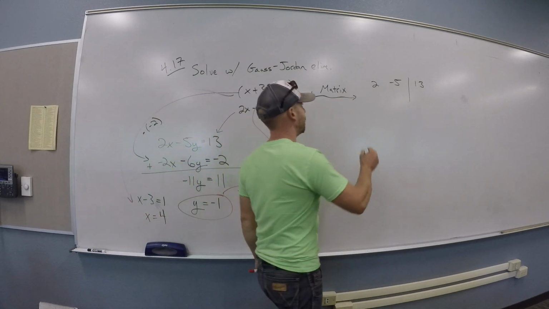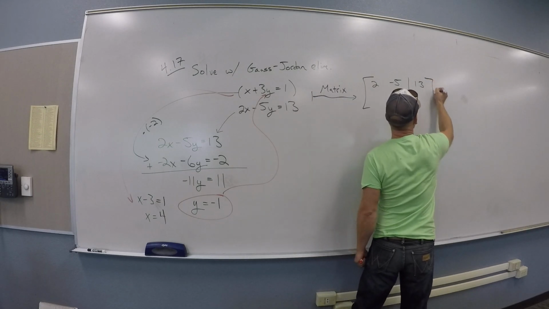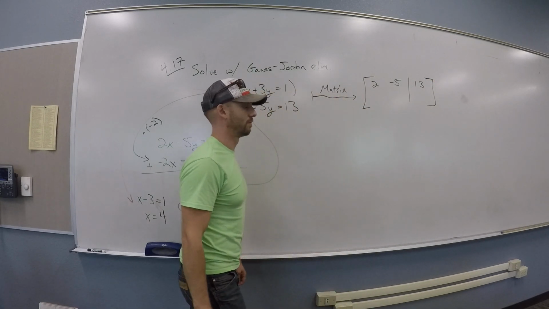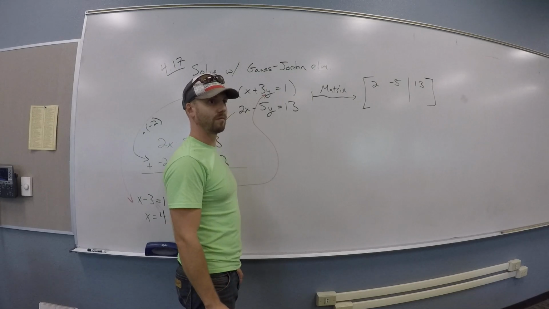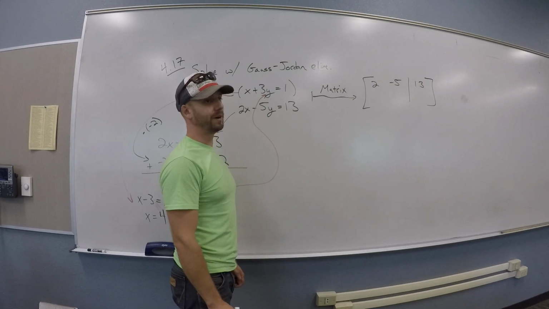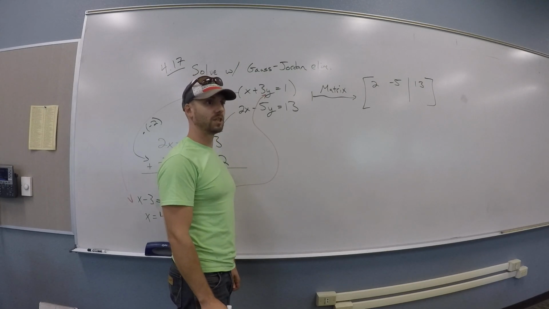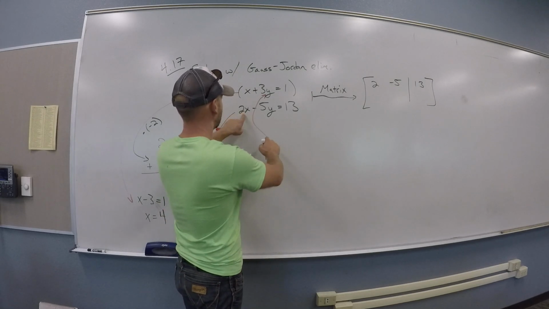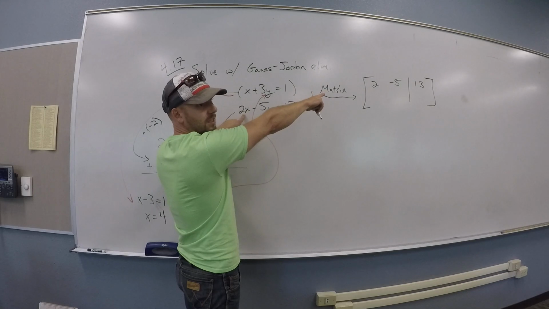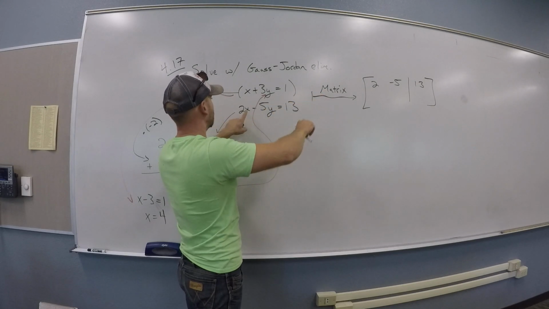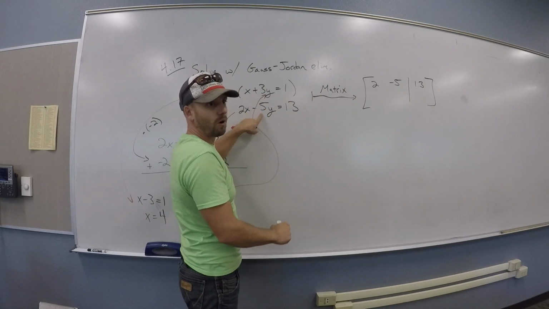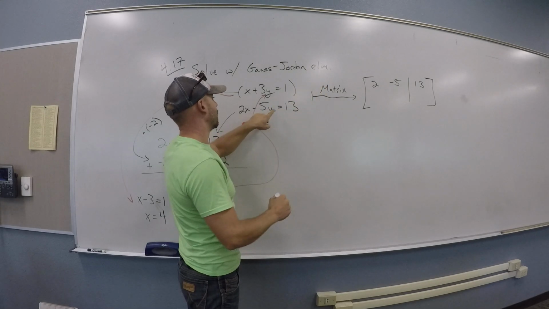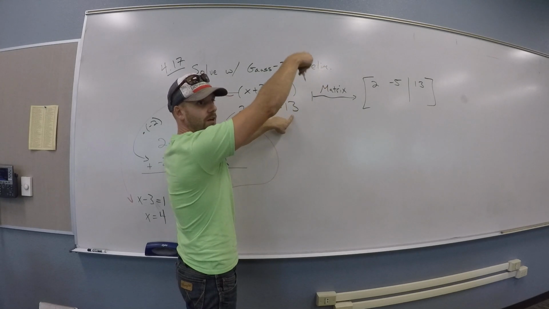You guys with me on that? No. I flipped this over. Is it gonna be a 3 by 3, or 2 by 3? It is 2 by 3. So this is a 2 by 3 augmented matrix. I took the 2, the coefficient on the x's, and put that in the first slot. I took the minus 5, the coefficient on the y's, and put that in the second slot. And I took the 13 and put it on the other side of the equals.